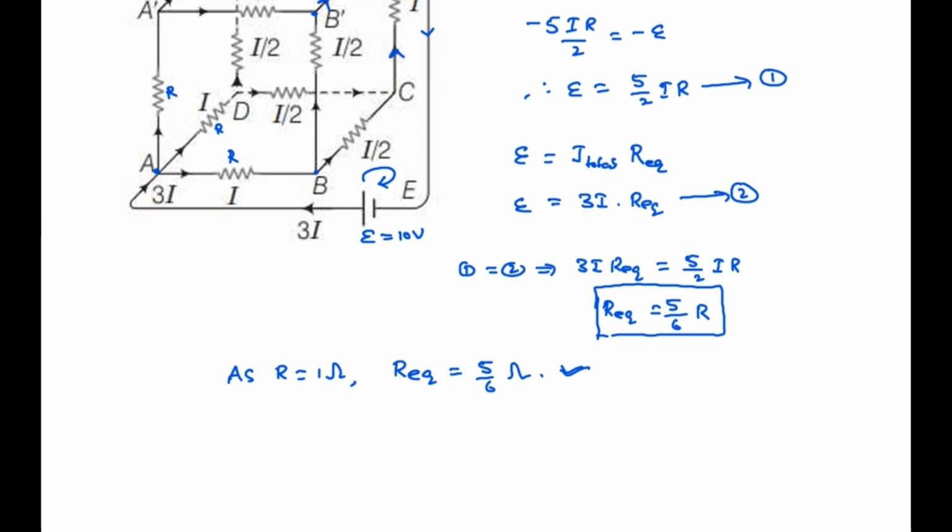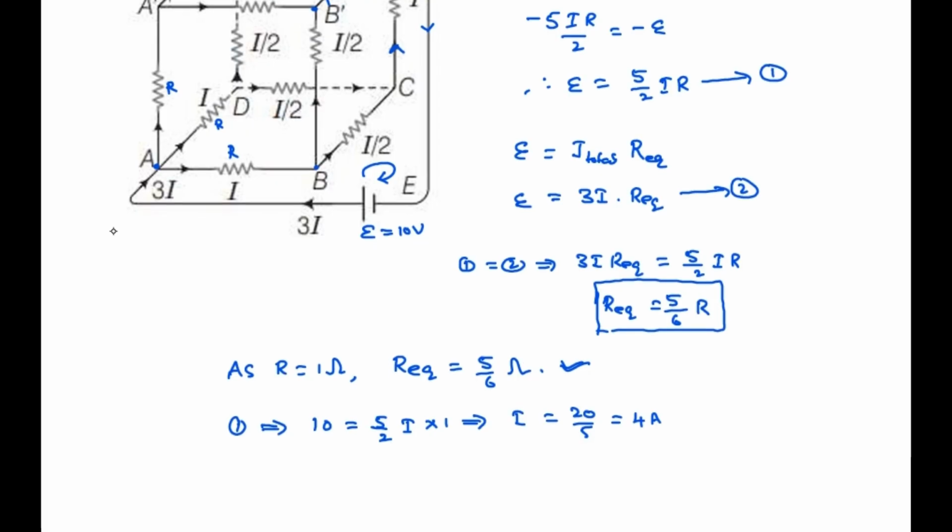Suppose we use equation number 1. The E value is given as 10 volt, that is 5 by 2 into I, and the R value is 1. From this, I is equal to 20 divided by 5, that is nothing but 4 ampere. That means the current from A to B, A to D, and A to A dash is 4 ampere.